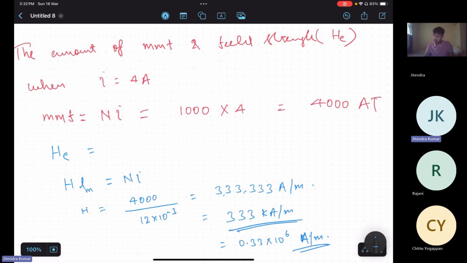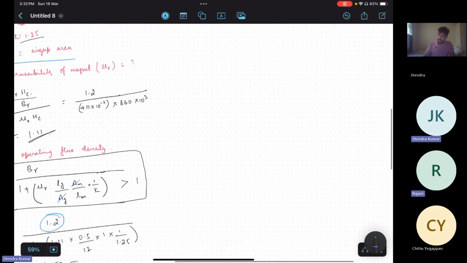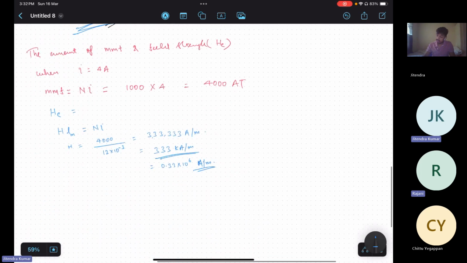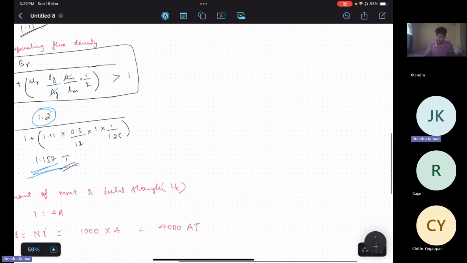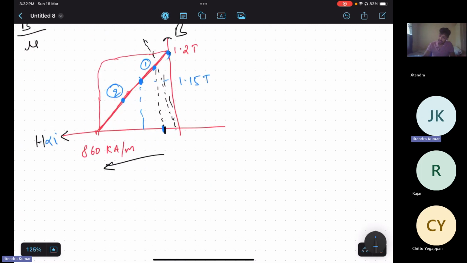So this much force is being applied from the external field, right? And this is huge, this much kiloampere per meter, and it will shift this operating flux density further. Earlier with air gap, it was operating at point number 3.